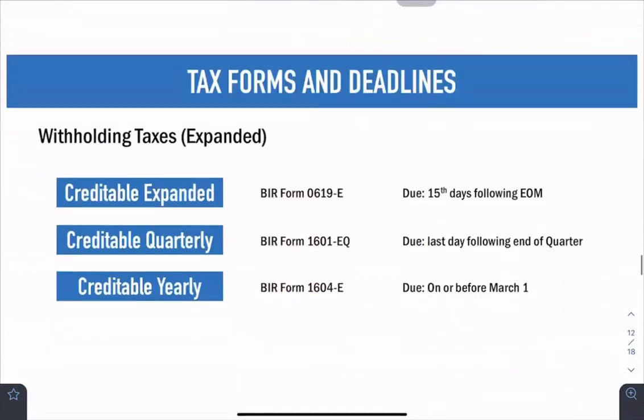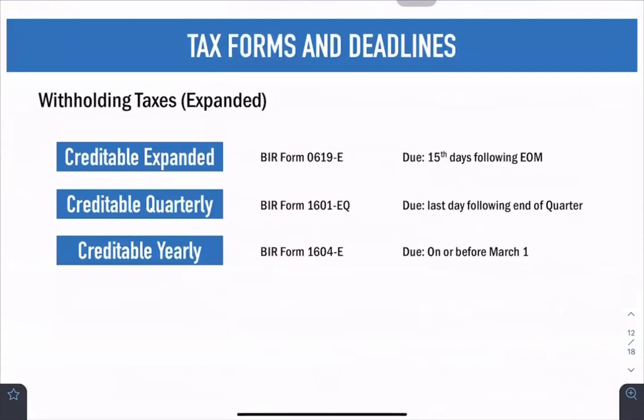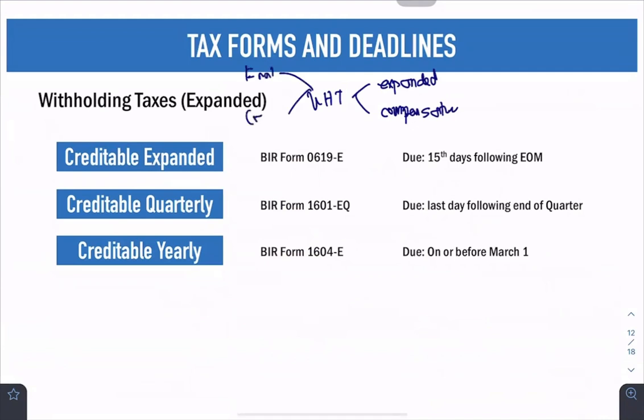Next, we have your withholding taxes. So this is quite new to you. For withholding taxes, we have here expanded. By the way, there are two types, withholding for expanded or withholding for compensation. You already know that withholding can either be final or creditable, and this talks about your creditable withholding taxes. What are your creditable withholding taxes? We have your expanded and your compensation.